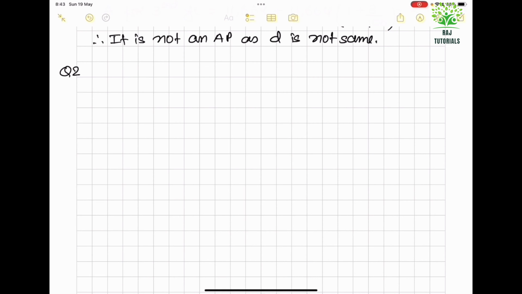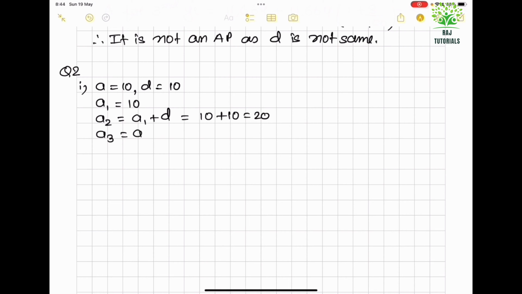Now, question 2 says, write the first 4 terms of an AP when the first term A and the common difference D are given. So, first one is A equal to 10, D equal to 10. First term A1 will be 10, A2 will be A plus D, that is 10 plus 10, so 20.